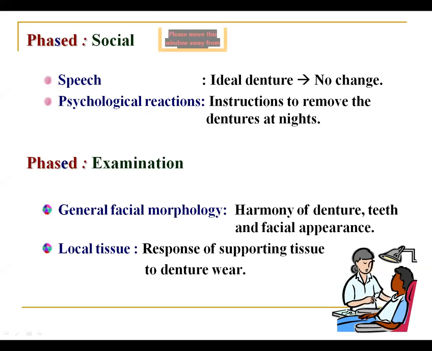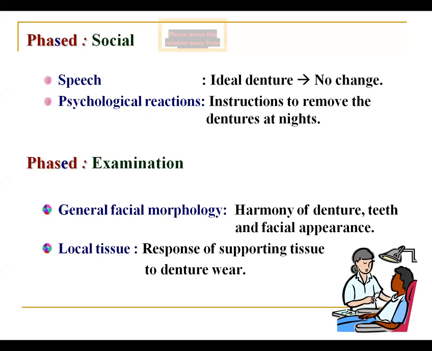To know harmony of your denture: what is harmony? It is in the whole stomatognathic system. In the stomatognathic system, there are three things: your jaw, your teeth, and your muscle. Harmony means all these three factors are in harmony, or in relation to each other.